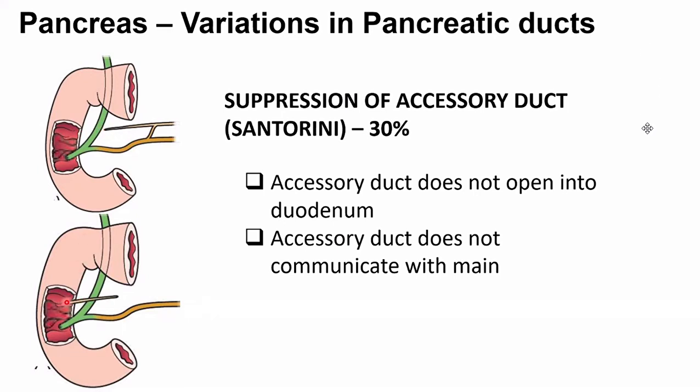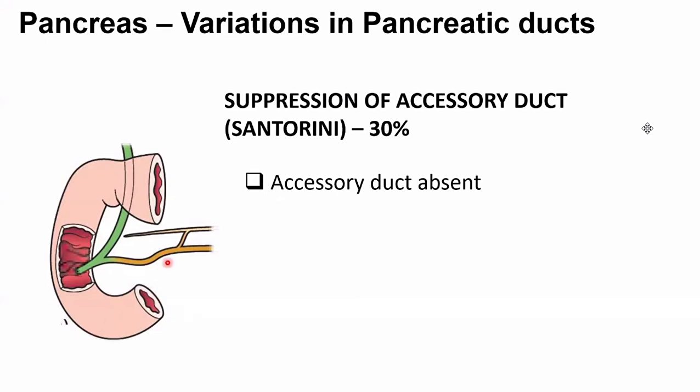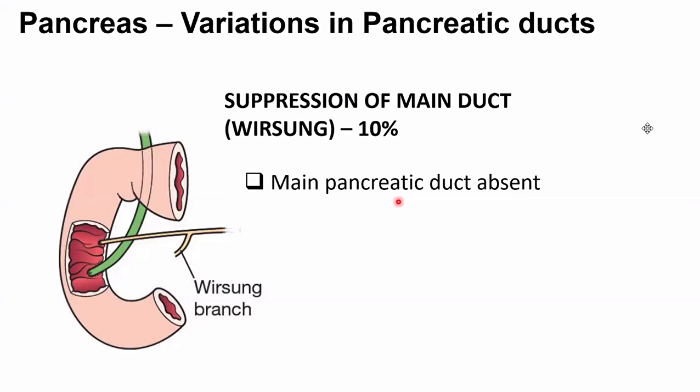Although meron naman siya connection, but blunt, there's no connection to the pancreas. So these are the variations of the pancreatic ducts. Accessory duct is absent, part of the 30% suppression of accessory duct.